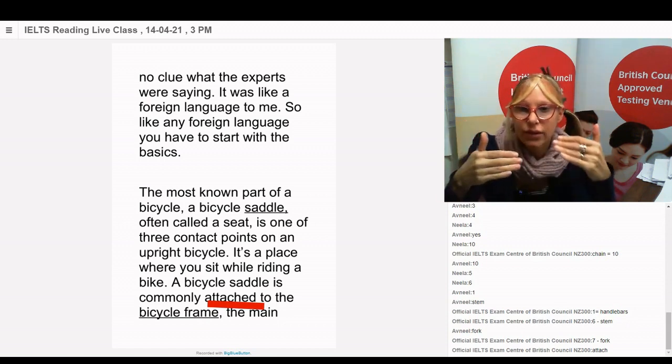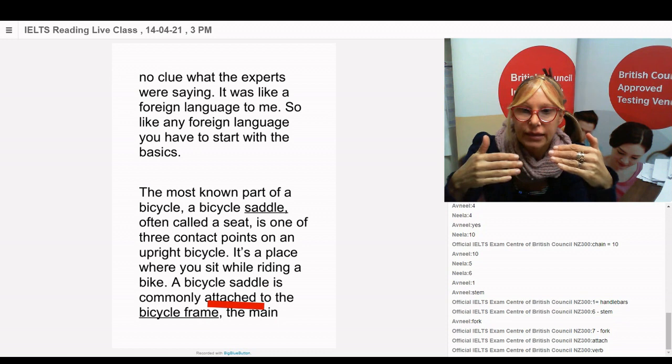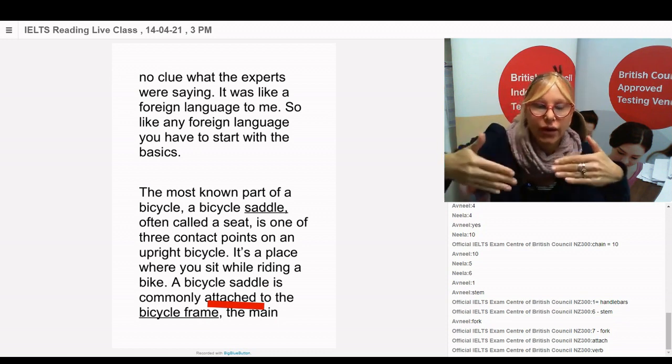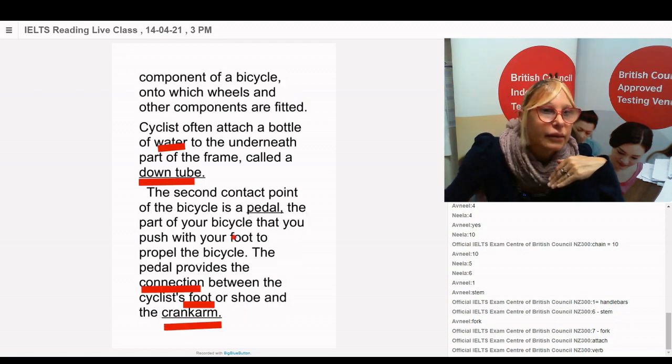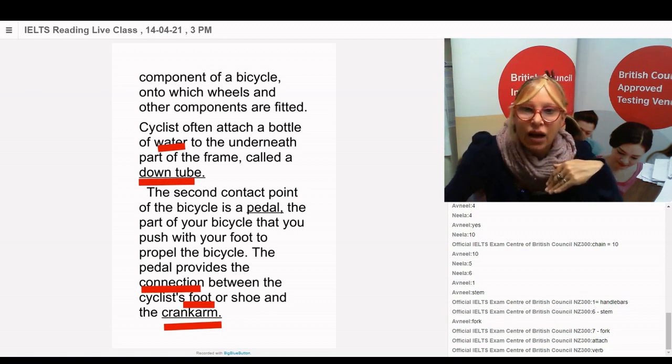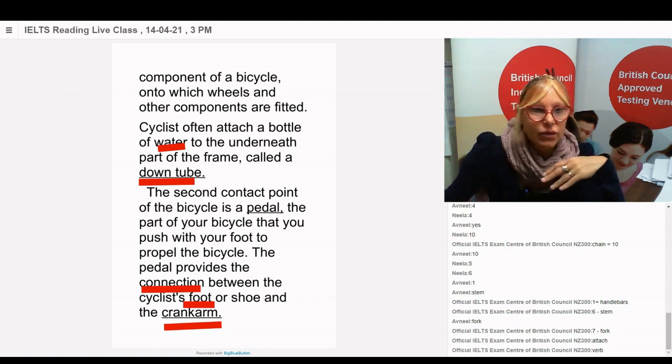We've got the seat or the saddle, and then we've got the bicycle frame. Oh, sorry, we didn't do bicycle frame, did we? Bicycle frame was number 8. Did we do number 8? Let's see. Yes, we did. We did it at the beginning. Okay, so attach is one word.